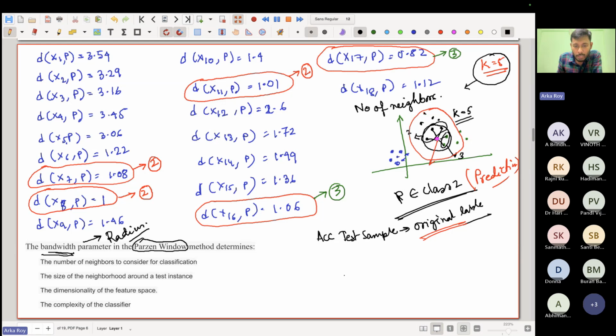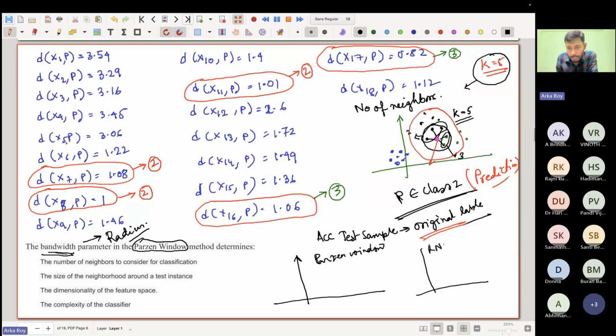So let's say this is for the partition window case, and let's say this is for the KNN case.